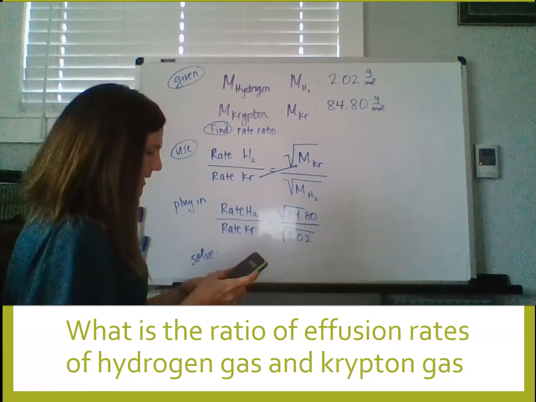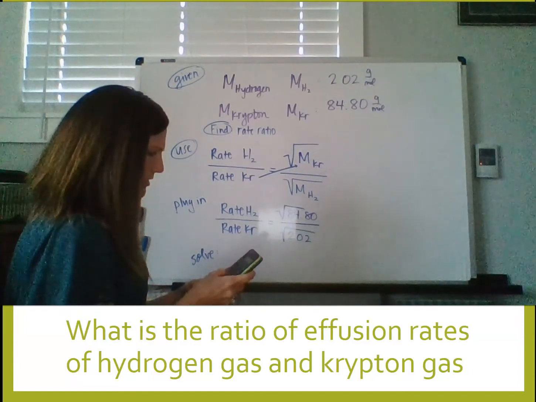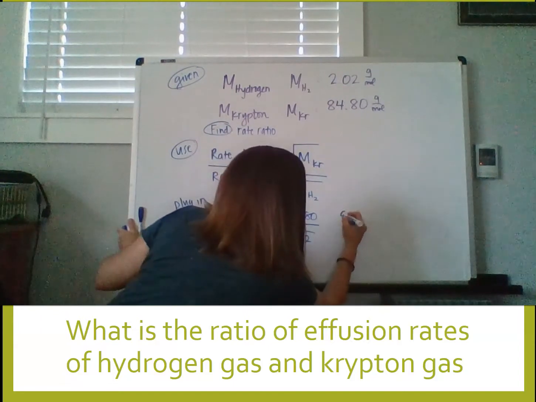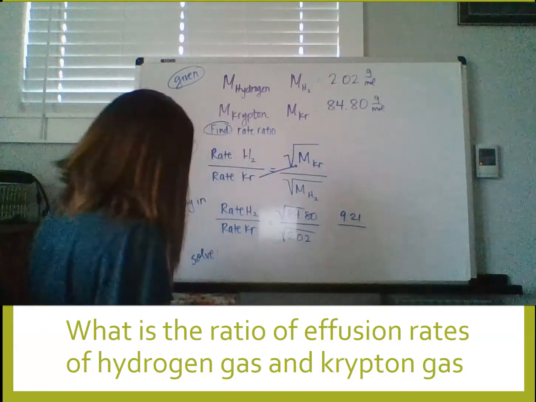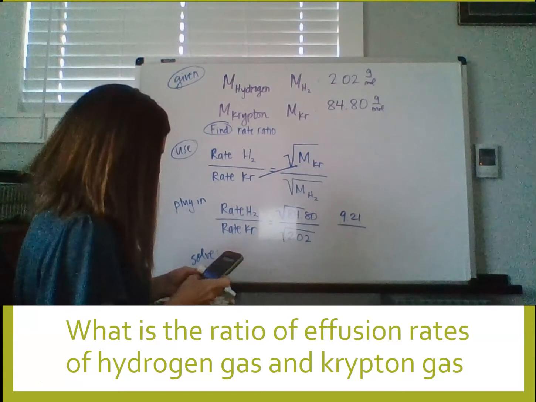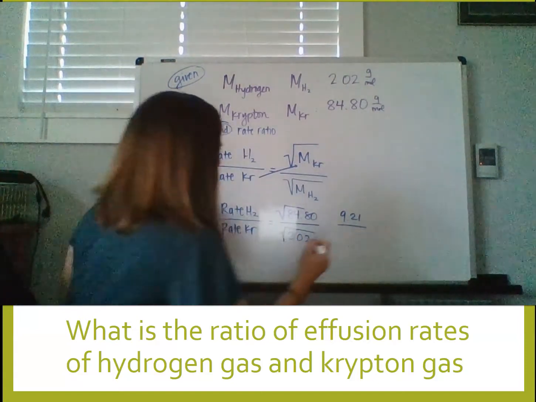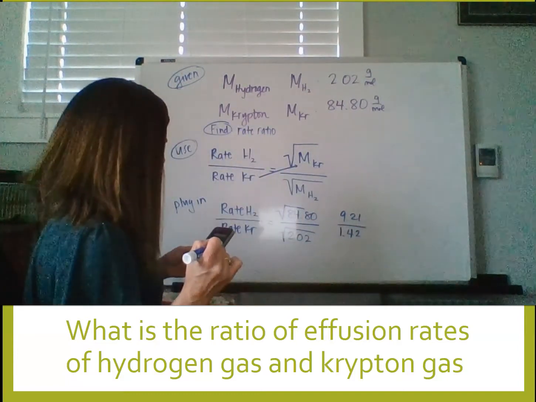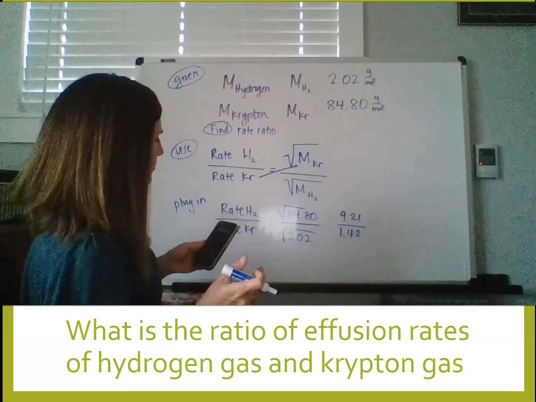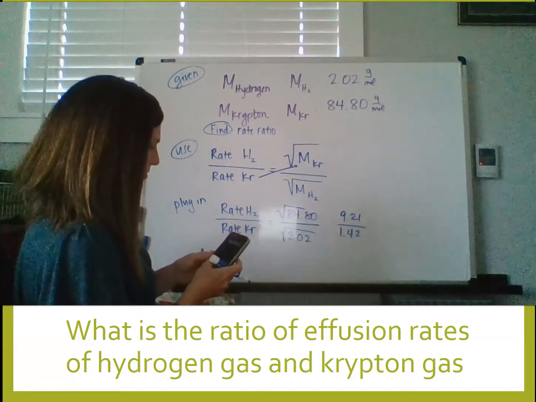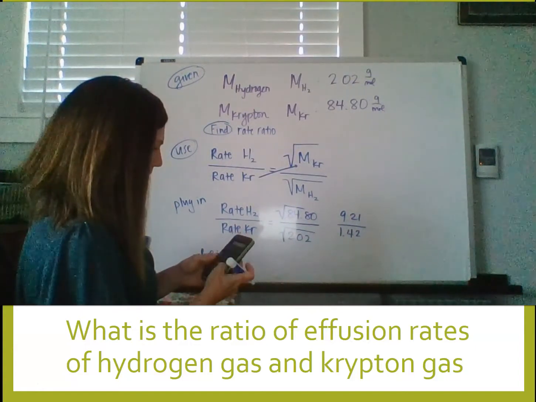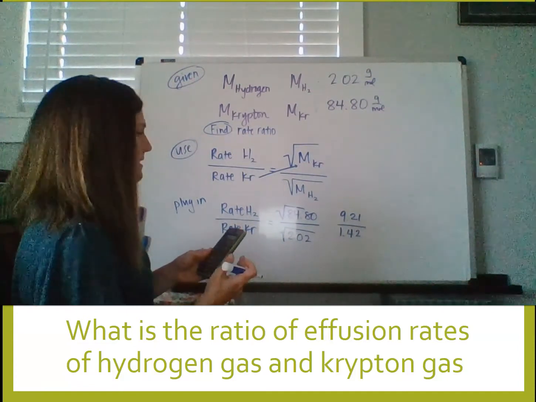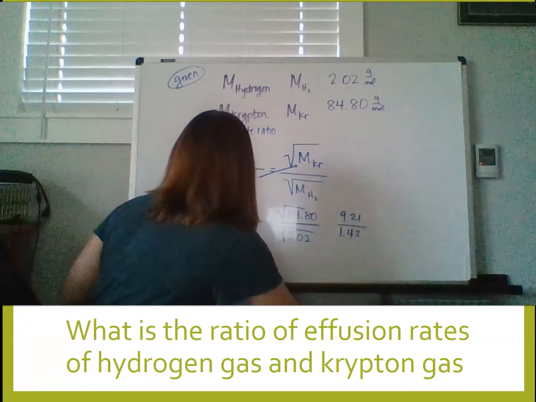So if I did 84.80 and I took the square root of that, that would be 9.21, divided by the square root of 2.02, which is 1.42. Then I would do 9.21 divided by 1.42, and that would give me 6.49.